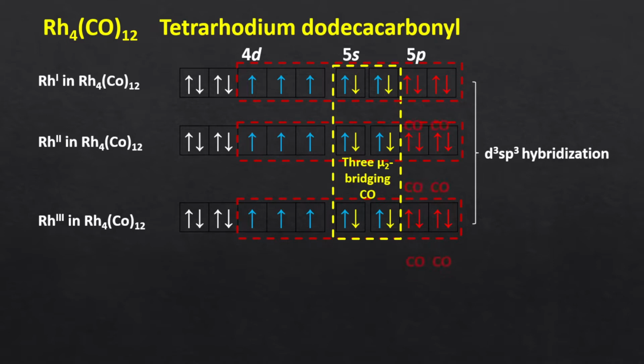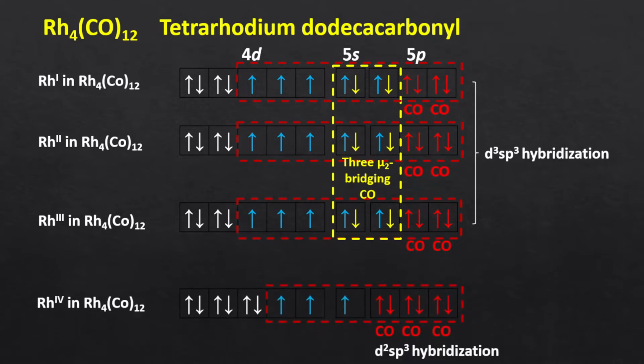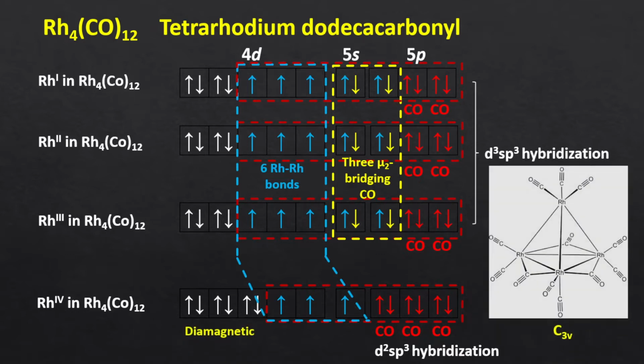The 4th rhodium undergoes d2sp3 hybridization and accepts 2 pairs of electrons from the 2 carbonyl ligands in its 2 vacant d2sp3 hybrid orbitals. 3 hybrid orbitals with an odd electron of each metal get paired with metal-metal bond formation. Moreover, there is no unpaired electron, so this complex is diamagnetic and the point group is C3v.